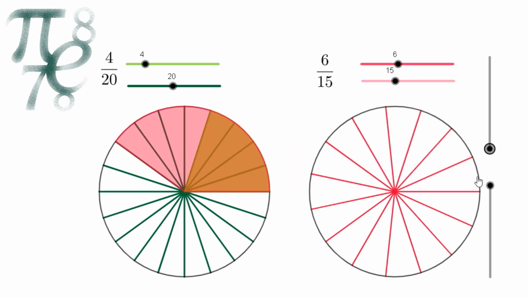Some numbers can be changed to achieve the proportion. Now we can say that the two ratios are proportional. 6/15 equals 8/20.